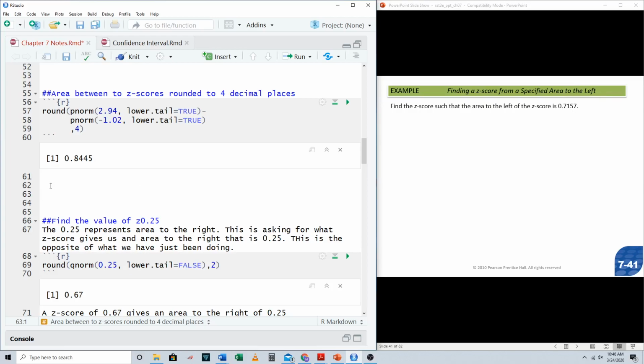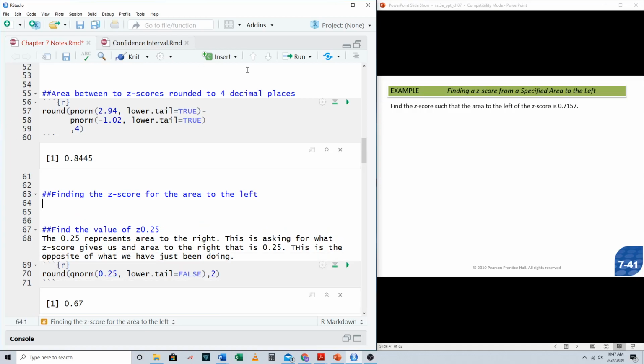So this is finding the z-score for the area to the left. All right. And that is going to use this formula.